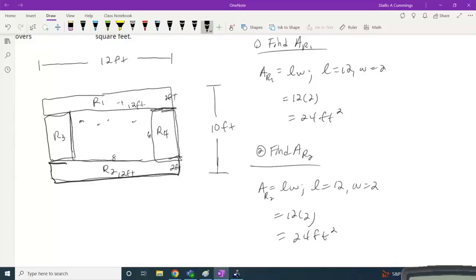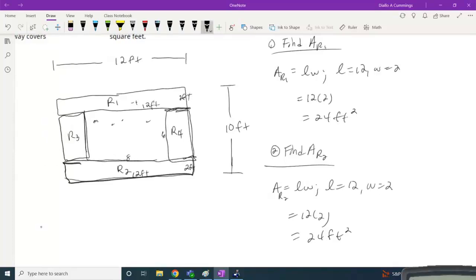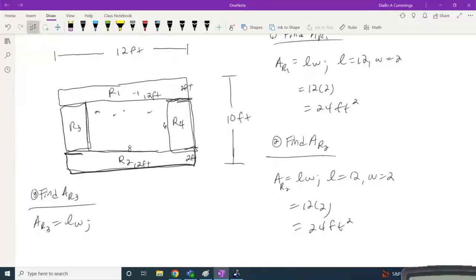Now I want to find the area of rectangle 3. The area of rectangle 3 is equal to the length times the width. I know that my length should be 2 and my height should be 6.